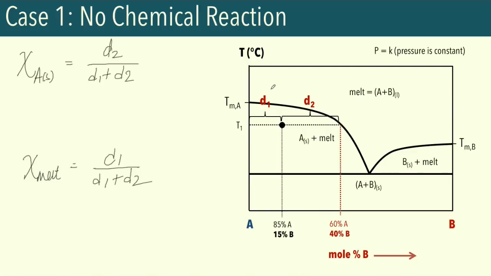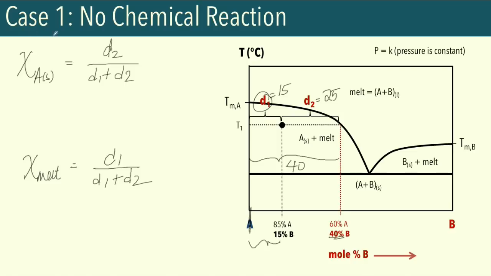In this case, D1 is from the 0 axis to 15, so D1 is equal to 15, whereas D2 is this particular distance over here, which is 40 minus 15, so that is equal to 25. The total distance over here is equal to 40. We could use those values to calculate the corresponding mole fractions.